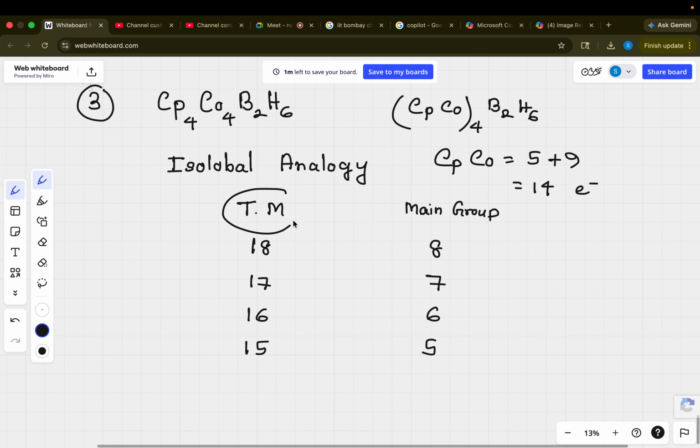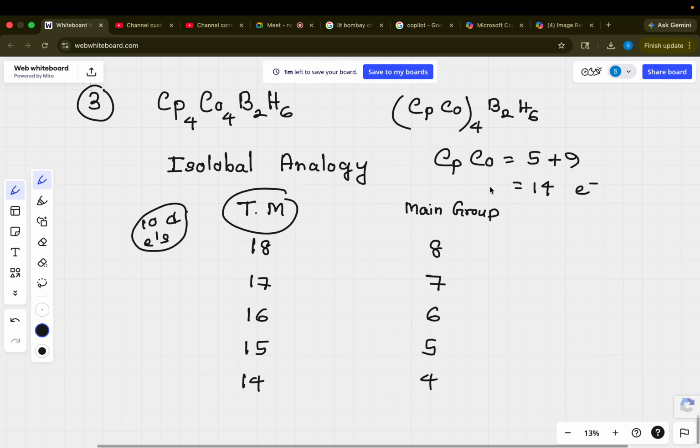Because in transition metals you have extra 10 d electrons, that all of you know, right? So compared with a main group element, 18 electrons in a transition metal is equivalent to 8 electrons in main group. Similarly 17 is equivalent to 7, 16 to 6, 15 to 5, and it will continue like that. So 14 will be equivalent to 4.